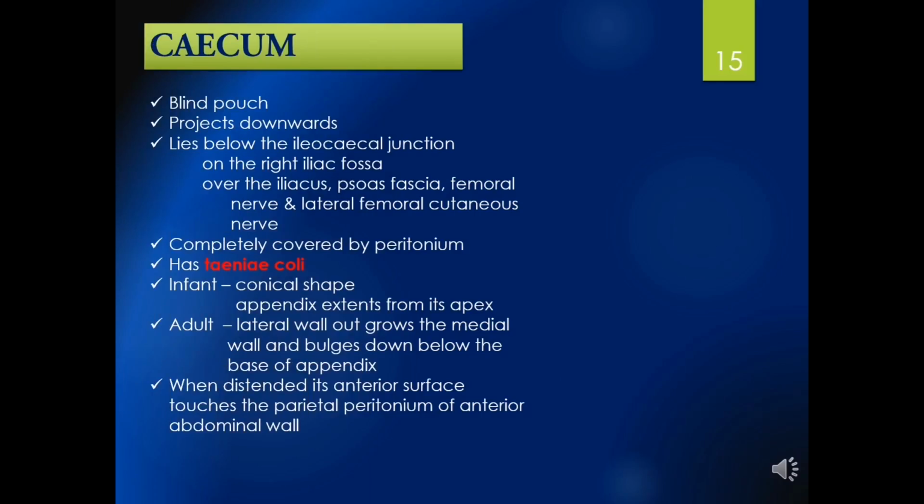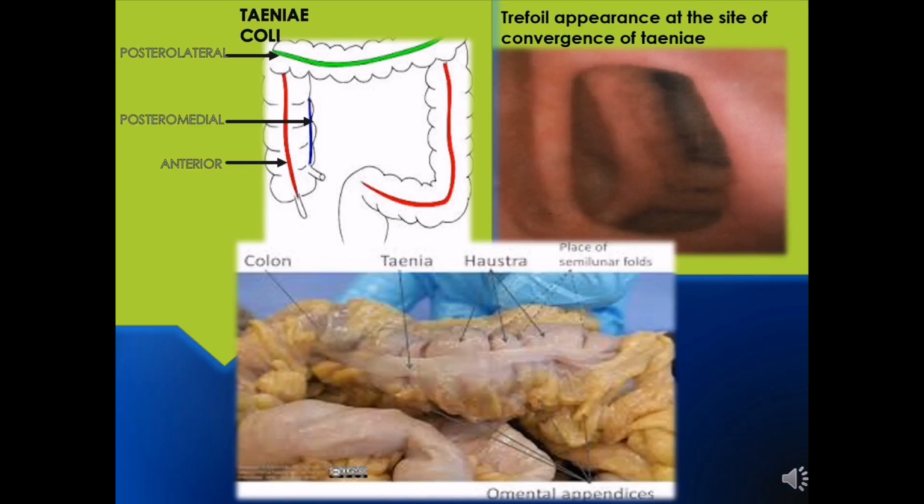Taenia coli is the longitudinal muscle of colon which is concentrated into 3 flat bands. These are the 3 flat bands of taenia: anterior taenia coli, posterior-medial taenia coli and posterior-lateral taenia coli. These continue throughout the colon.